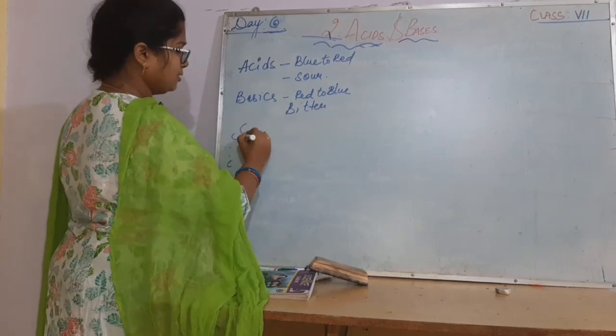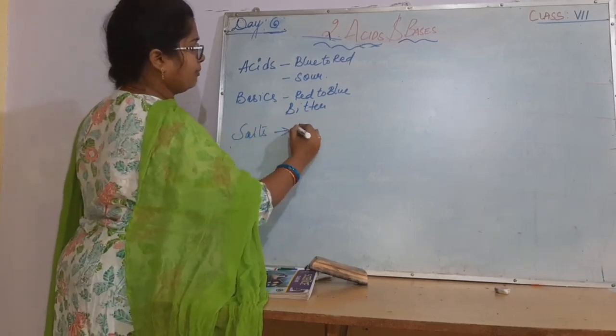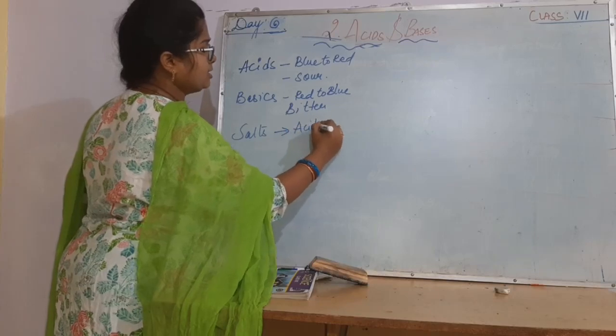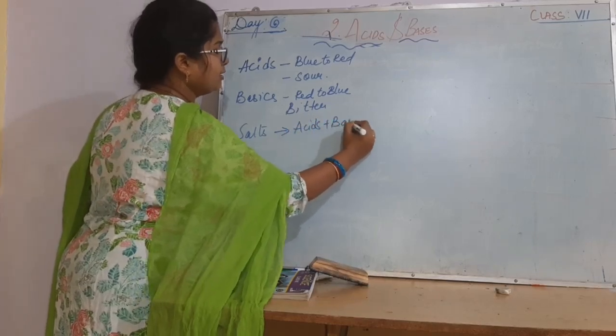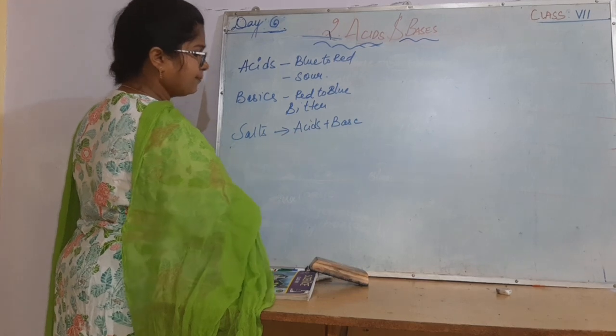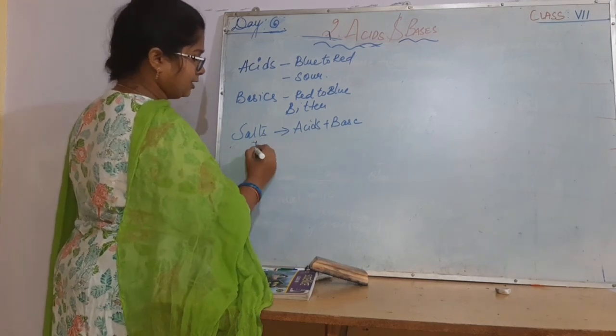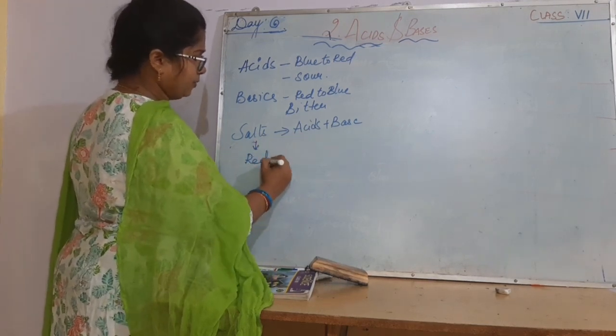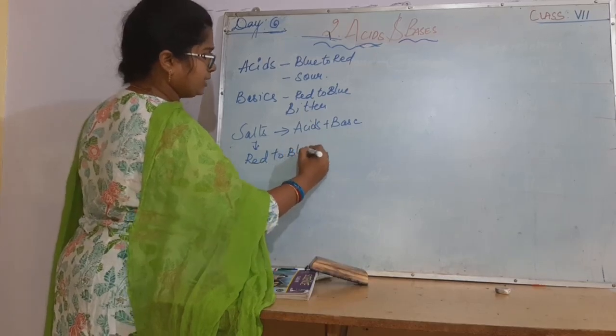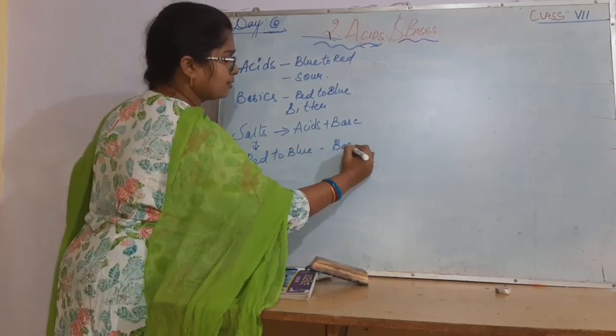And salts: when acids and bases combine in the proper proportion, salts are formed. If the salt changes red to blue, then you say it is a basic salt.